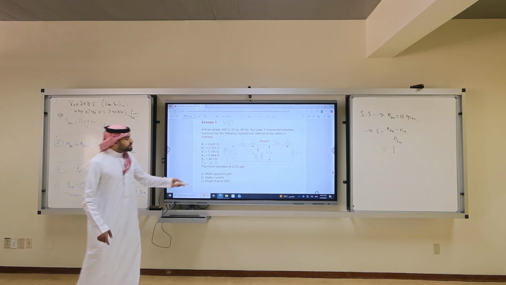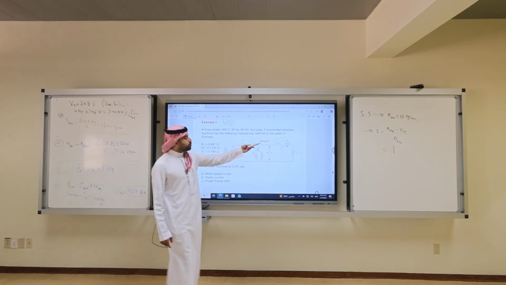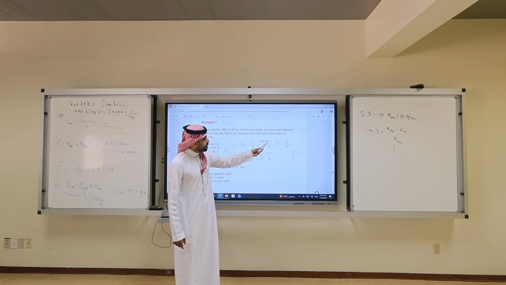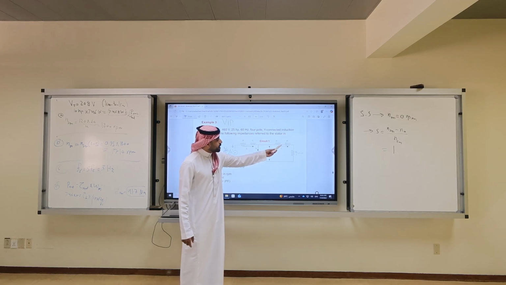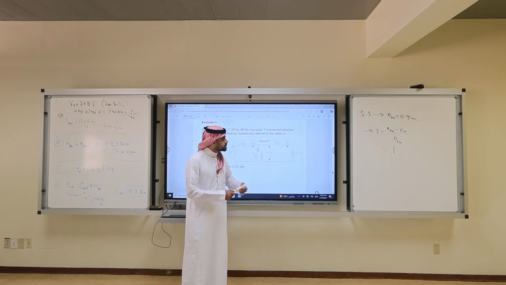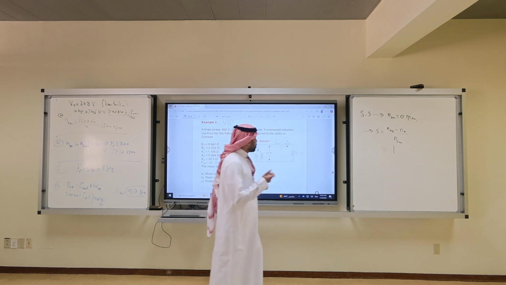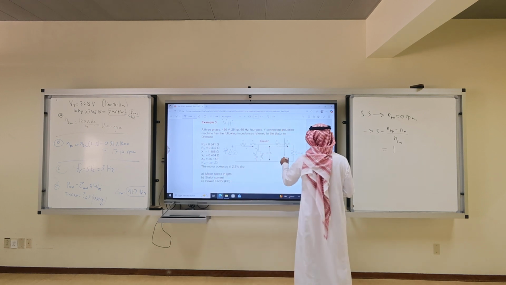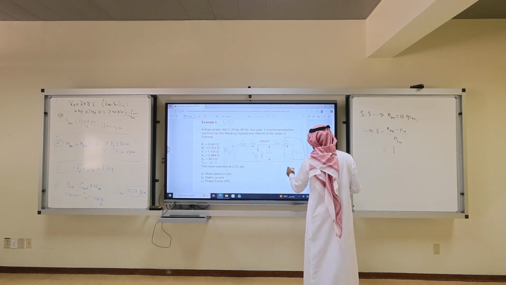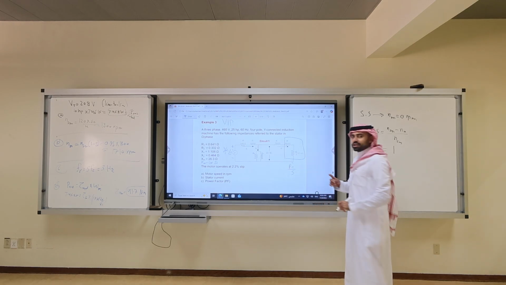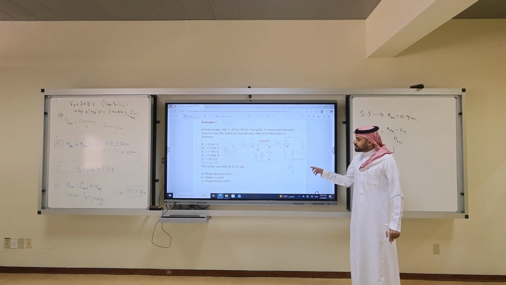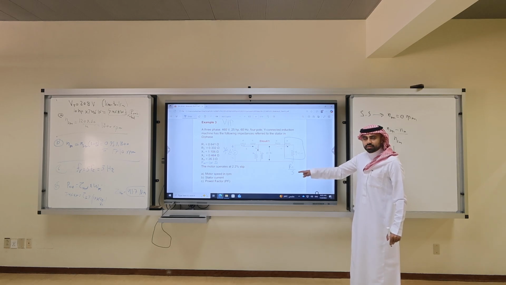The motor operates at, wait, do we have circuit 1 or circuit 2? Circuit 1. We have X2 prime, R2 prime, R2 prime times (1 minus S) over S. Do you remember I told you these two you can treat them as one resistor, which is R2 prime over S? For this example, treat them as R2 prime over S. But keep this original circuit. Why?